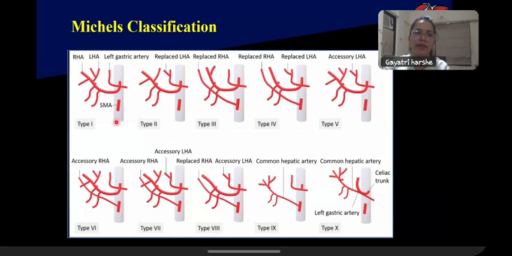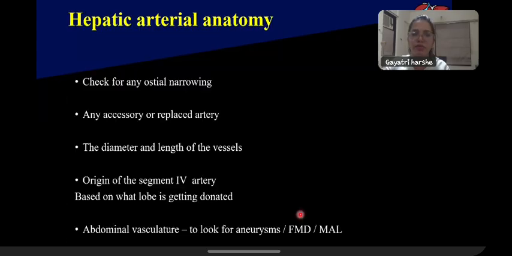This is the Michels classification. These are multiple variational anatomies. We will go through a few important anatomical variations.